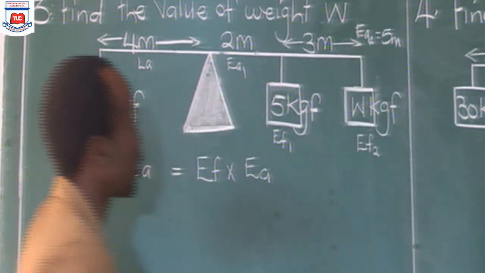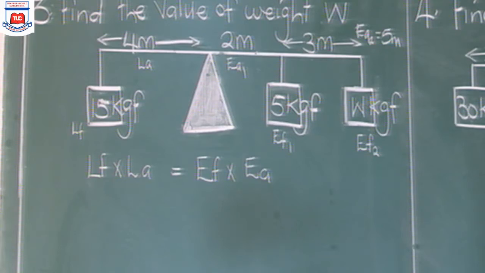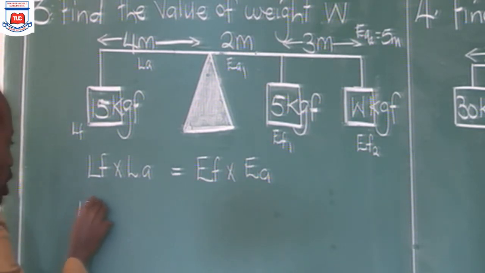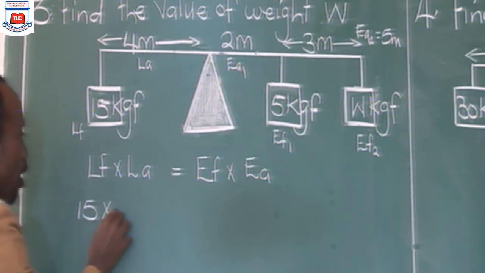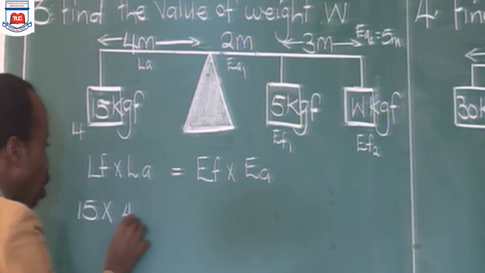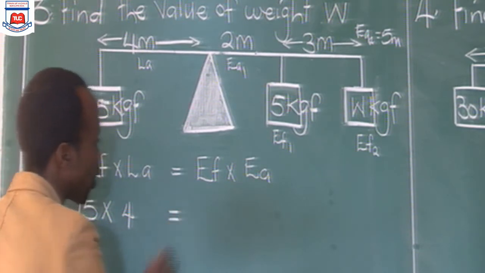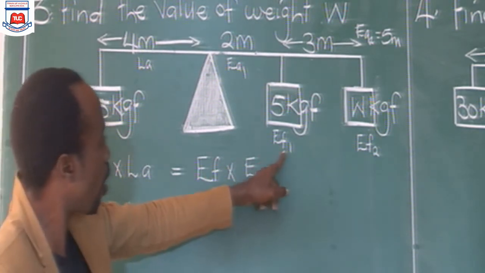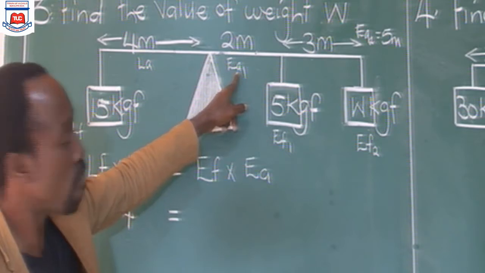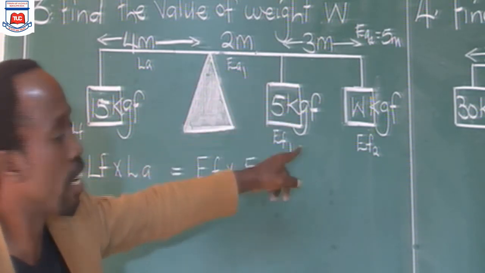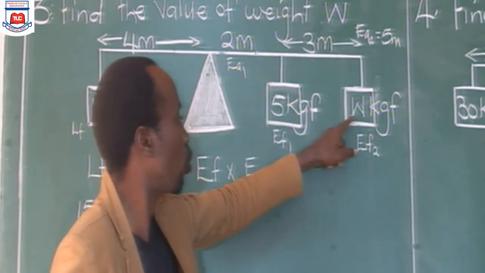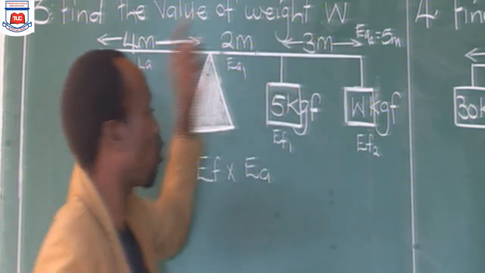Don't forget that that is our new effort arm 2. Let's go ahead and substitute, okay? Load force, in this case, is 15, multiplied by the load arm, which is 4 meters. That should be equivalent to the effort force 1 times the effort arm 1, added to effort force 2 multiplied by its distance from the pivot.